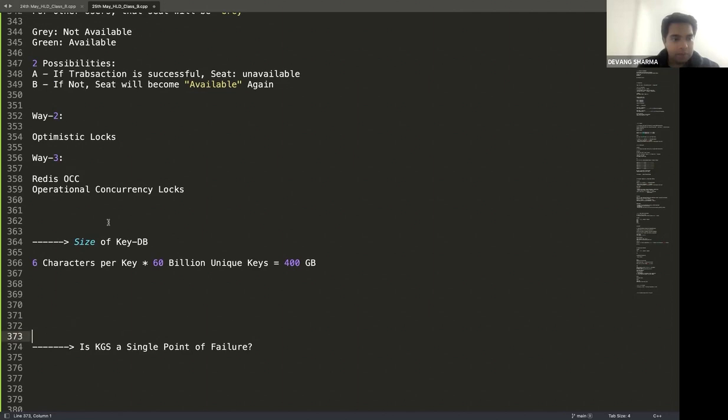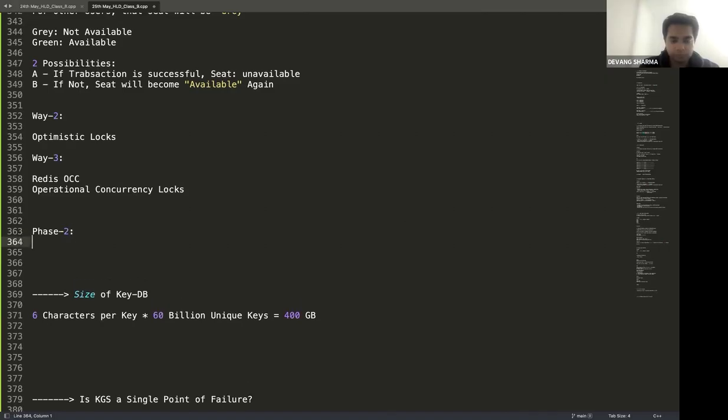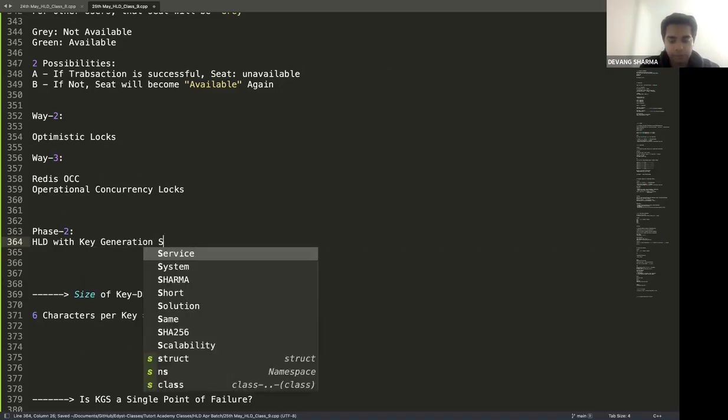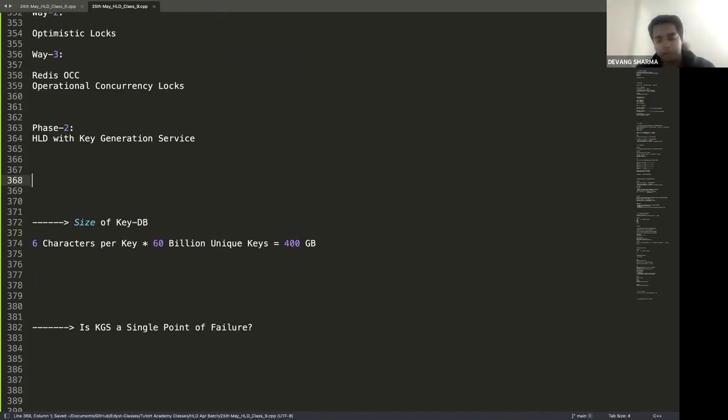Before I answer this, let's talk about this. Now we can talk about phase 2, HLD with key generation service. The first diagram that we talked about for phase 1 was with the hashing based approach, basically the encoding based approach. Let's look at the second diagram with the key generation service. Then we'll continue with the discussion of single point of failures.